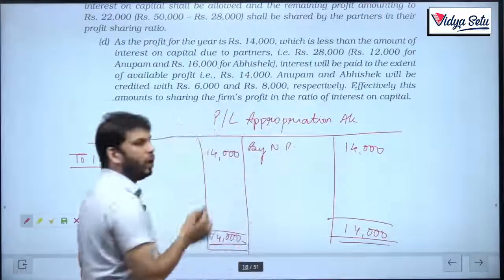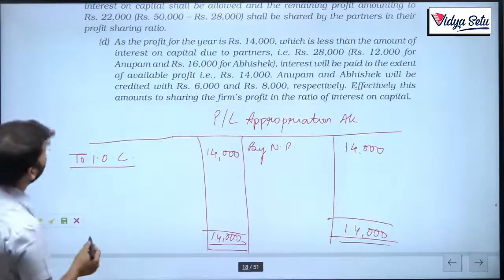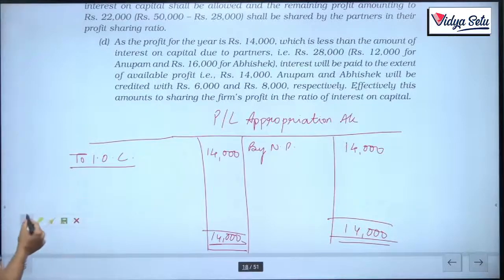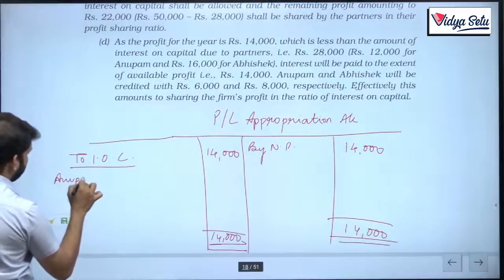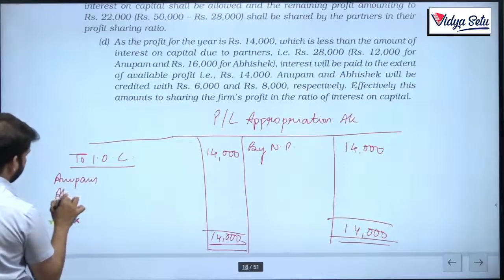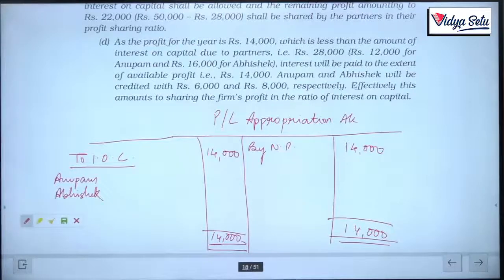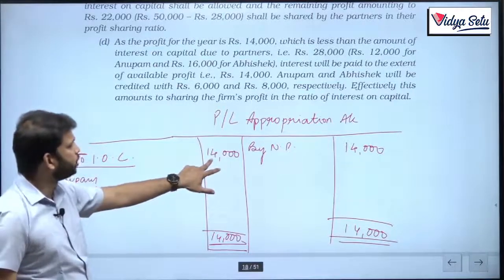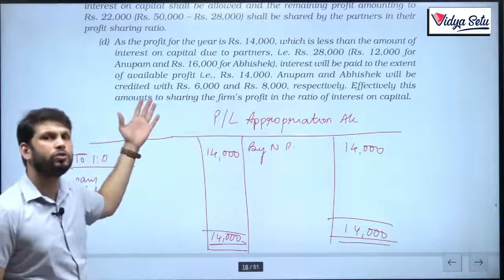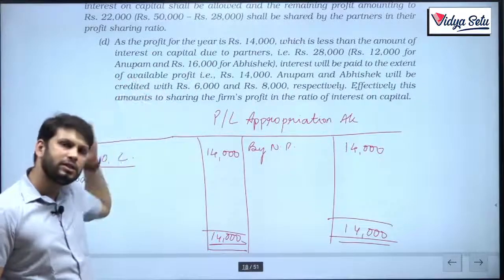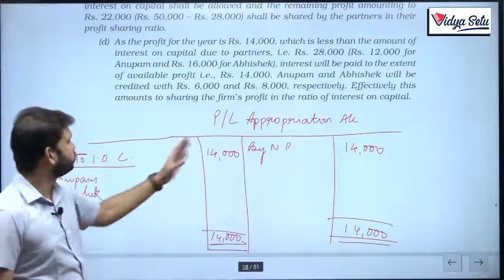But in what ratio will this 14,000 be distributed? The partners are Anupam and Abhishek. We will distribute this 14,000 in the ratio of their interest on capital. How much interest on capital were they supposed to get? 12,000 for Anupam and 16,000 for Abhishek. The same ratio we will use to distribute this 14,000.